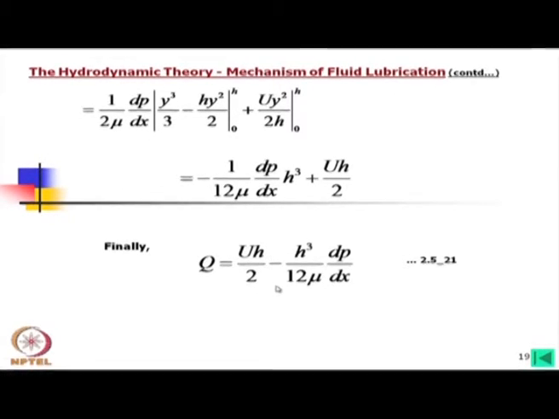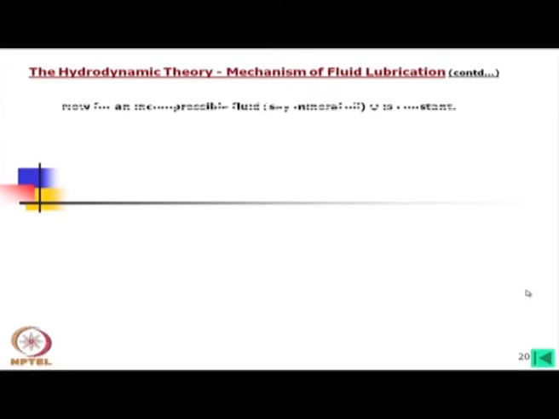then this part will become 0, and there will be only the pressure gradient due to the inlet and outlet pressure. But in the case of a journal bearing, u will always be there, that is the peripheral velocity, and so q will take this form. Now, for an incompressible fluid, say mineral oil, q is constant, therefore del q by del x will be 0.